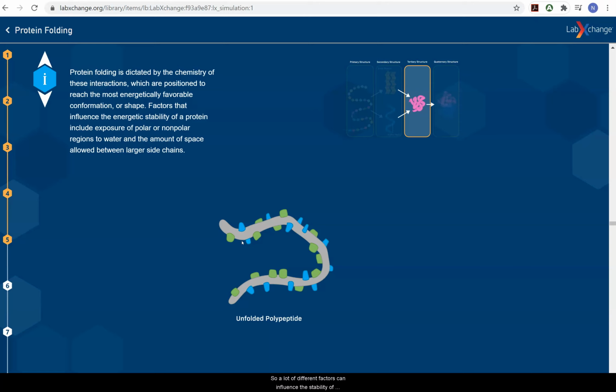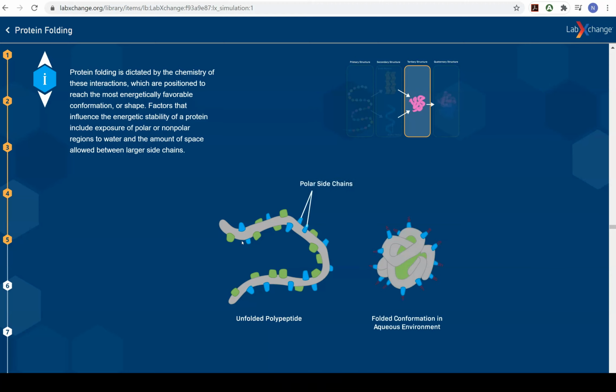So a lot of different factors can influence the stability of the protein. These include whether the polar or nonpolar regions of the protein are in contact with water, how much space is allowed between larger and smaller side chains, as well as charge-charge interactions.